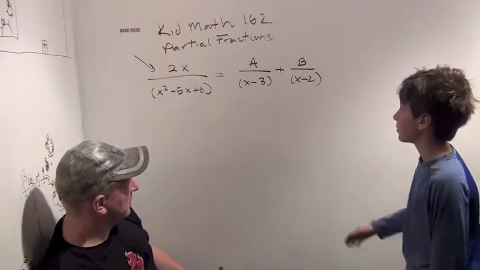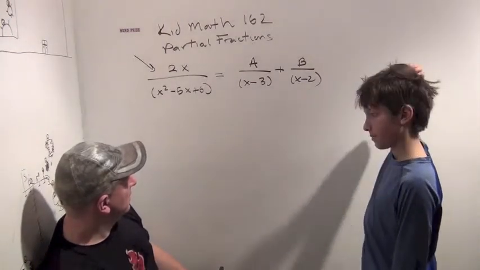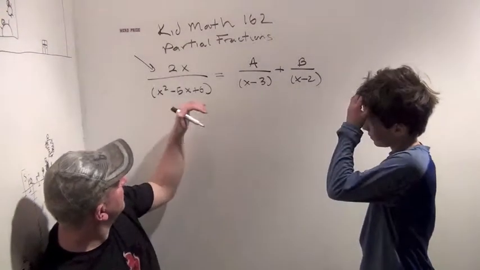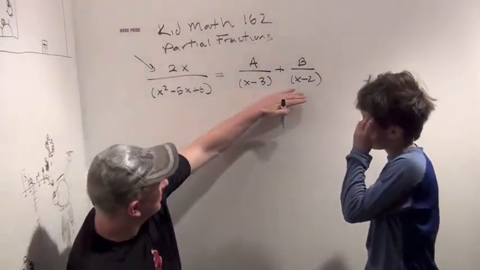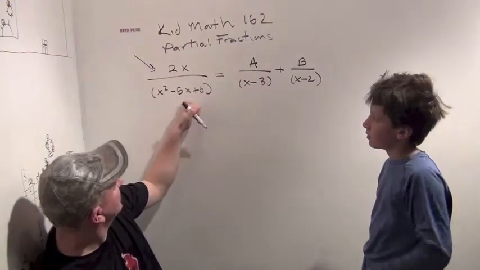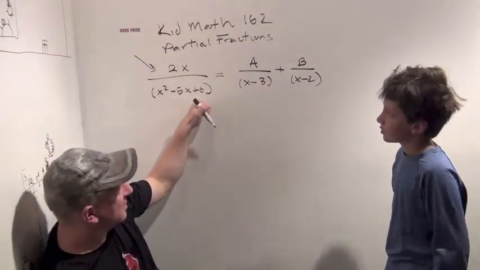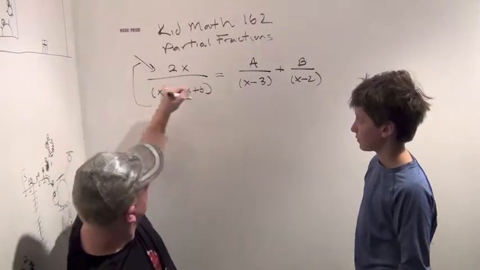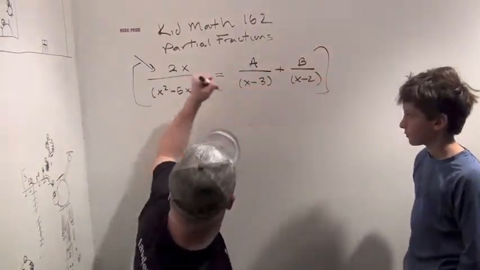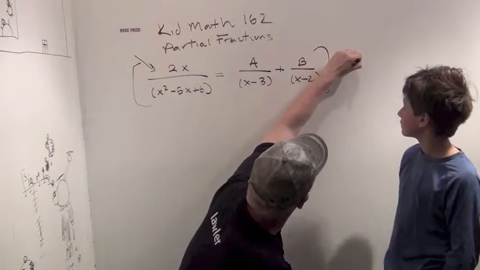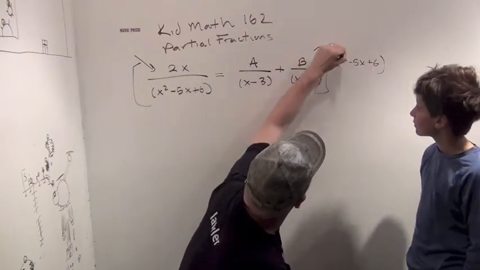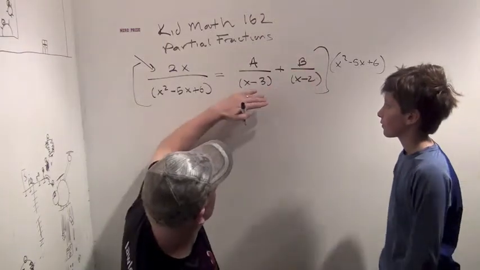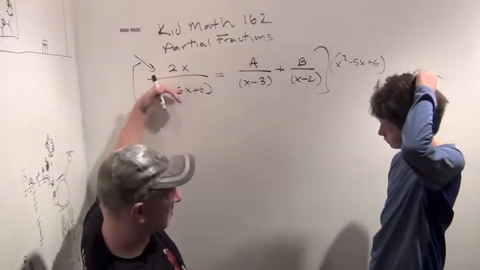Well, we can multiply. We can get rid of the fractions. Right, we can try to get rid of the fractions. So if I multiply everything by x minus 3 times x minus 2, that's going to be x squared minus 5x plus 6, right? So that cancels that. So when I multiply the whole thing by x squared minus 5x plus 6, it's going to leave an x minus 3 times b, an x minus 2 times a, and it's going to be equal to this.